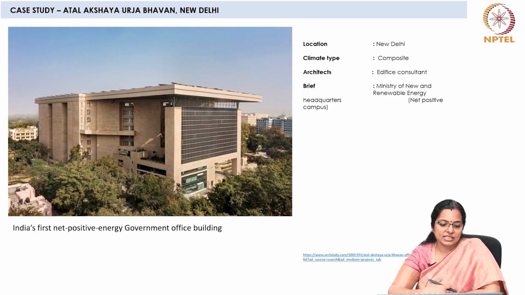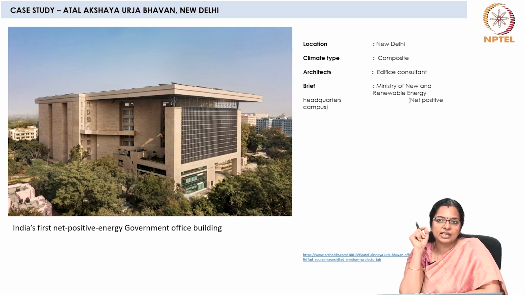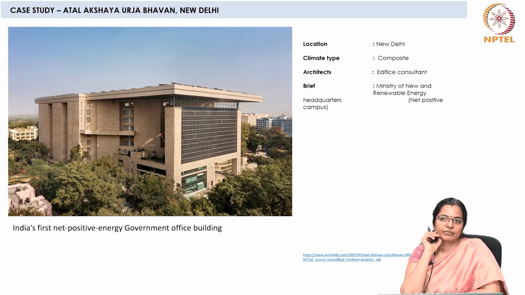Next case study we will see is the Atal Akshaya Urja Bhavan, New Delhi. This is by the Ministry of New and Renewable Energy. It's their headquarters and it's a net positive campus. So, this is India's first net positive energy government office building.